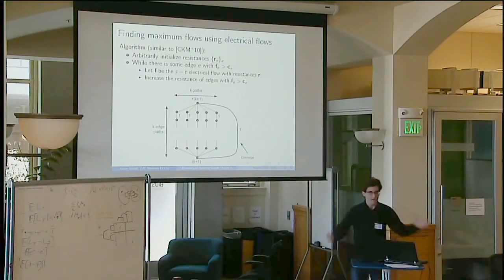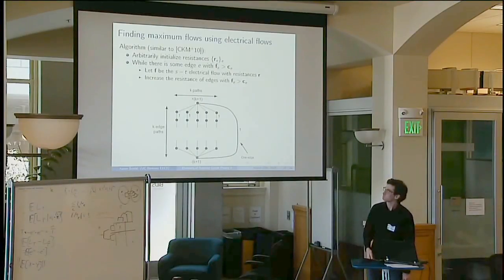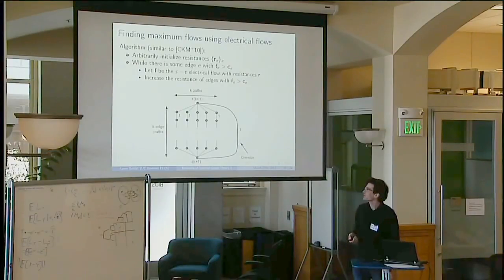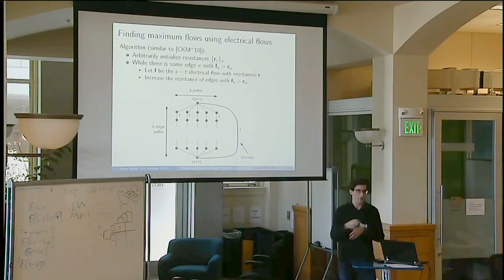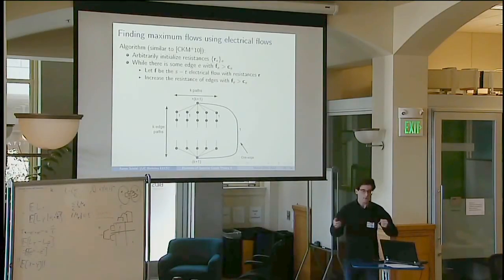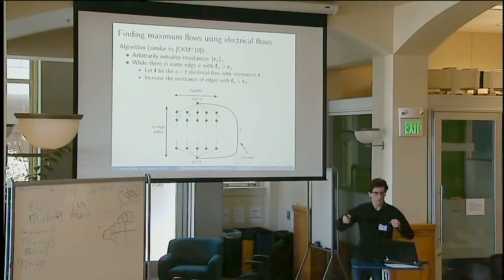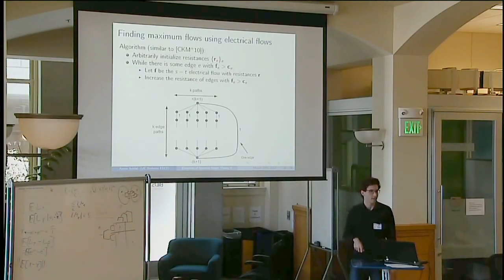Okay, so now we have this primitive, we have this hammer, let's bang some nails with it. Specifically, let's try to solve max flow using electrical flows. Let's write down the most naive algorithm possible for solving this problem. On every edge, initialize the resistance of that edge arbitrarily, say to 1.